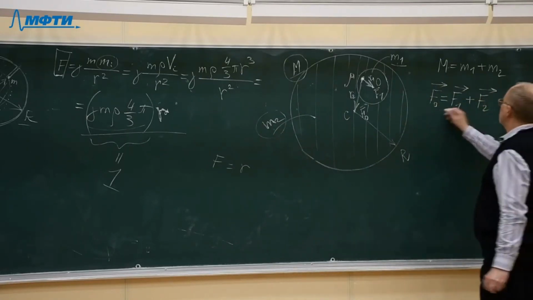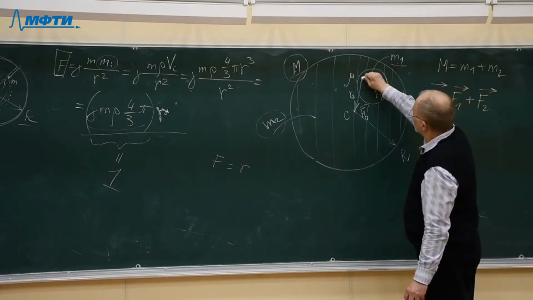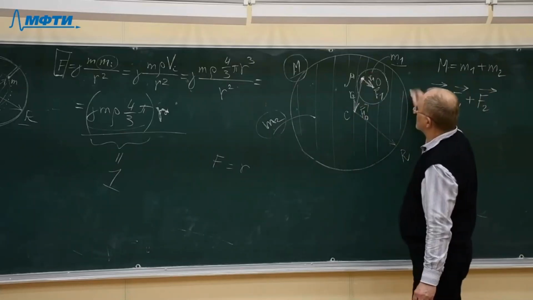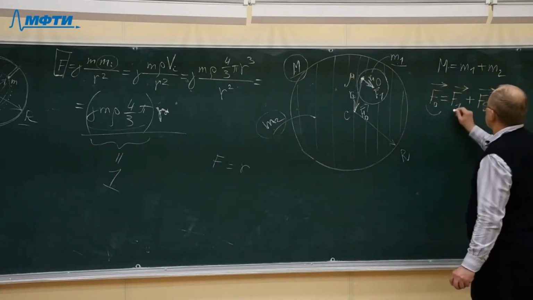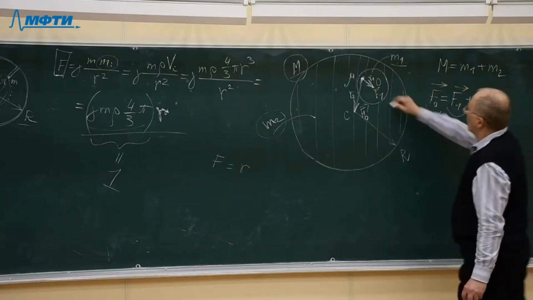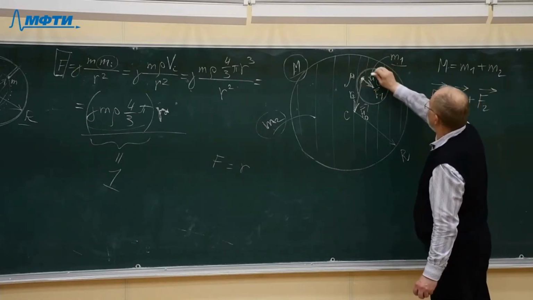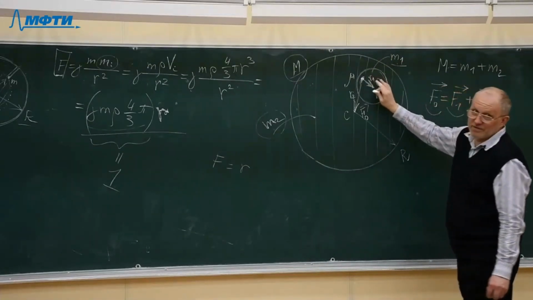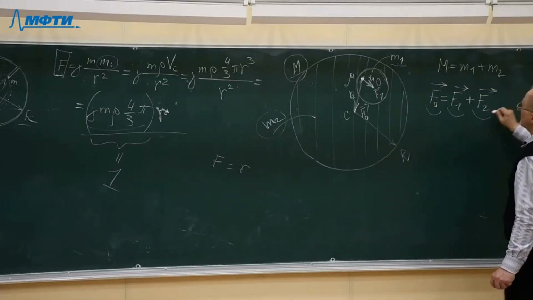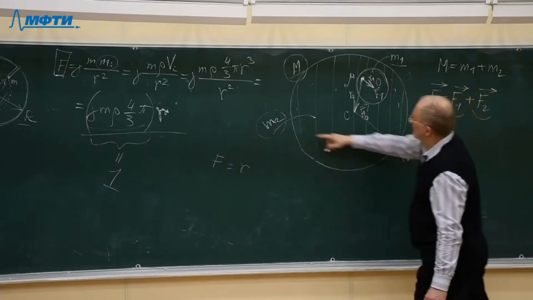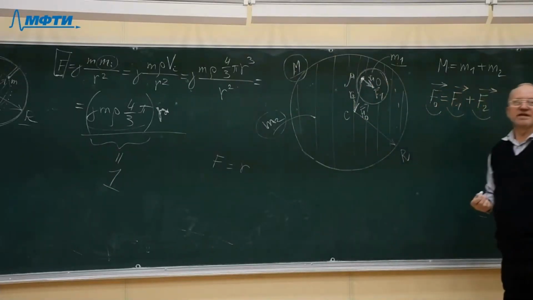So in this equation we have a force F0 of interaction of point mass mu with the large sphere if it's filled with matter uniformly, and the force F1 of interaction of the small mass mu with this mass m1 if it's present, if there is no cavity, and then the force of interaction with the remaining mass m2, which certainly includes this cavity.